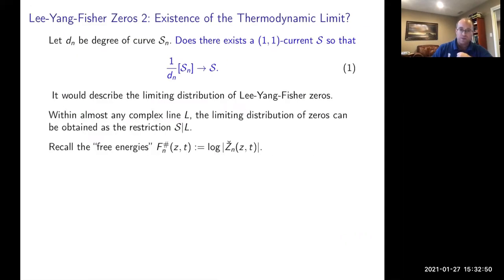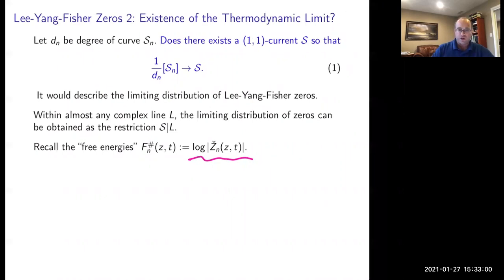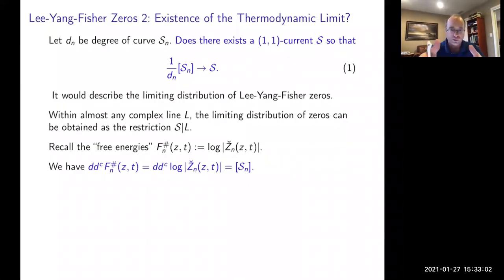And if you think about the free energies, which are the log of the modulus of the partition function where I've cleared denominators, these free energies are exactly the pluripotentials for these currents. These currents are described as the distributional derivative dd^c of the free energies.